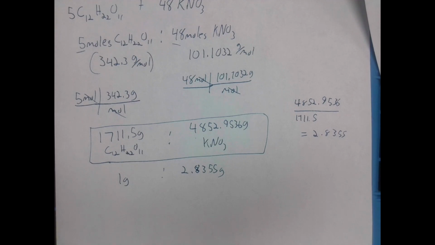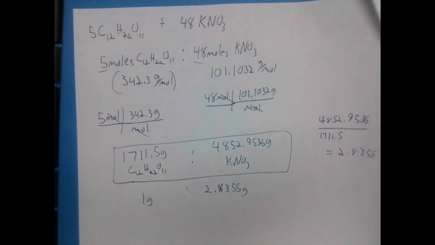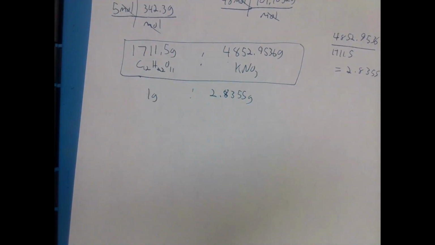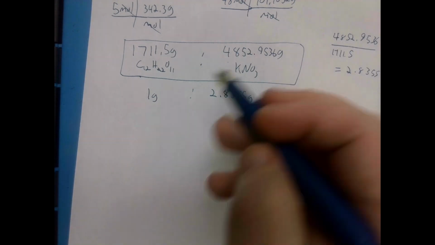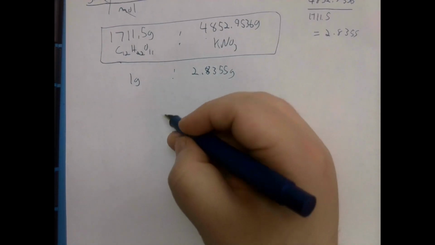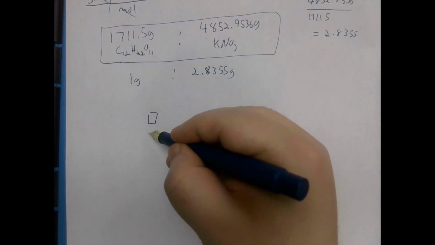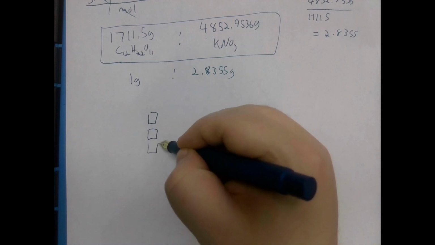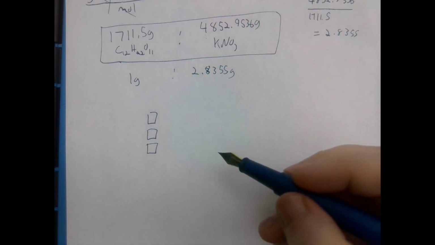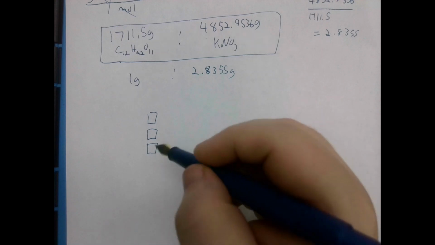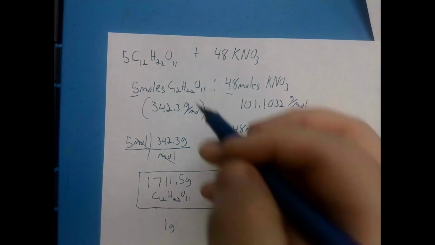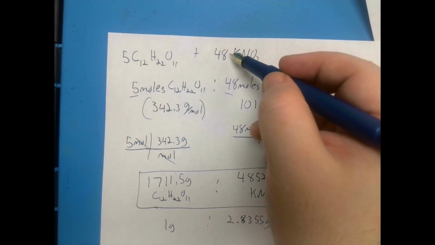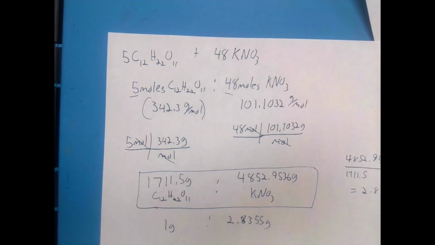Why does the theoretical not work? This is the theoretical thing. So imagine the molecules are tiny little squares and circles. I need 5 sucrose for every 48 of these.